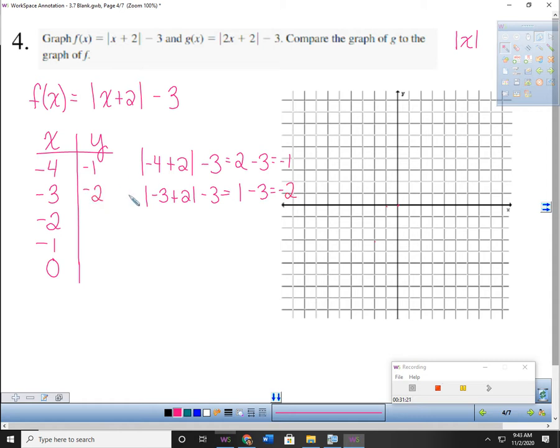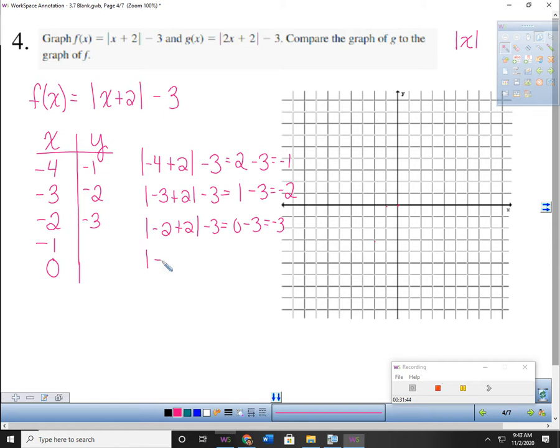Do the same thing with your negative 2. Negative 2 plus 2, what's the absolute value of, that would be 0, right? And 0 minus 3 is negative 3. Then do the same thing with your negative 1.